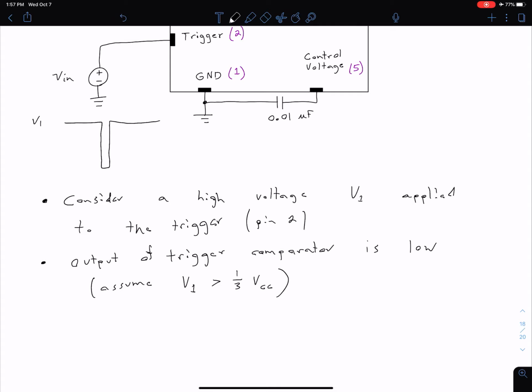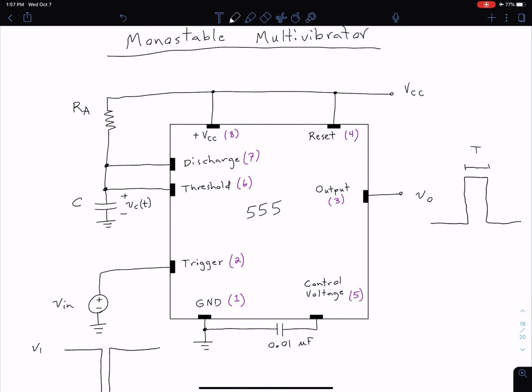So let's look as well at our capacitor voltage now, coming back to our external circuitry. If we assume this is steady state and nothing has happened yet, and we just focus on this upper part here, we basically just have a DC source and then a resistor and a capacitor in series to ground.